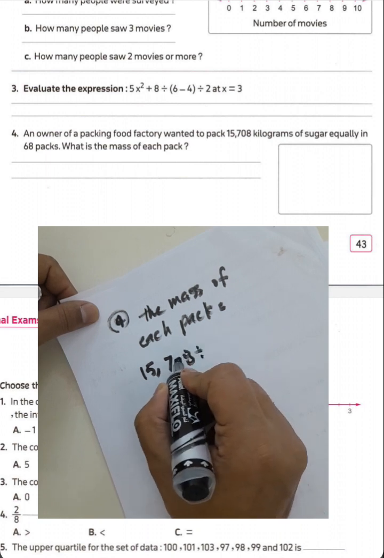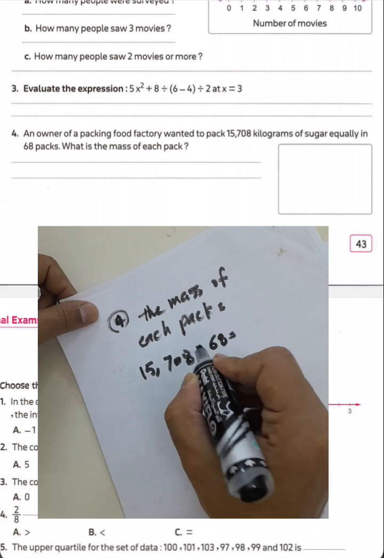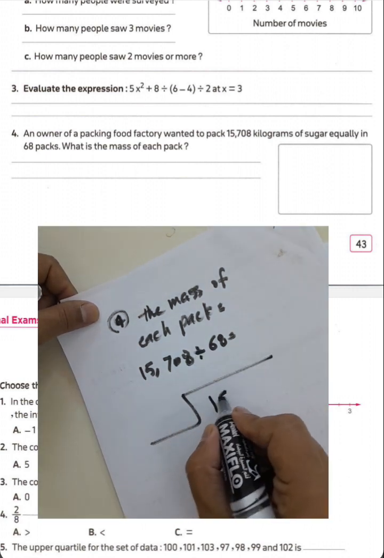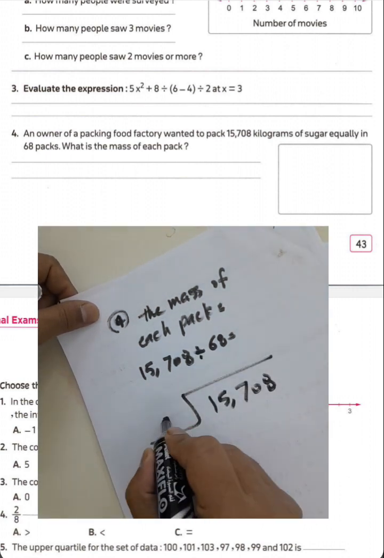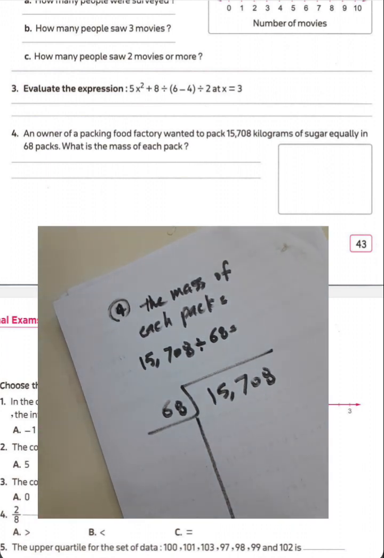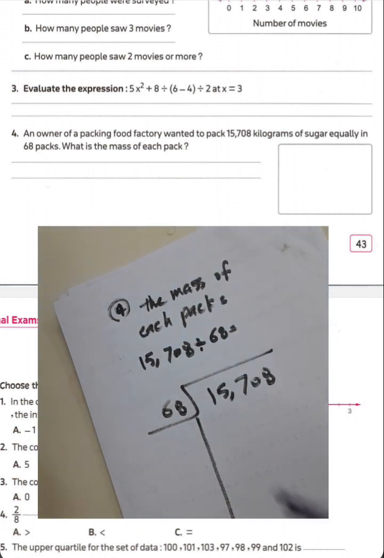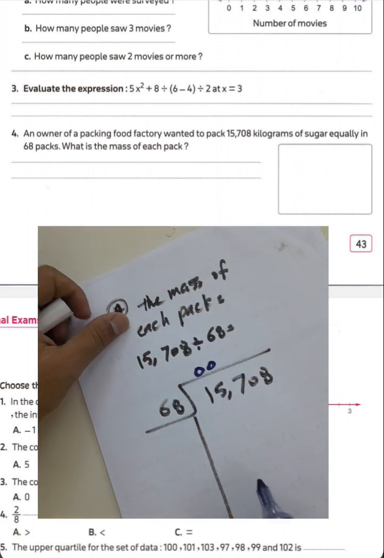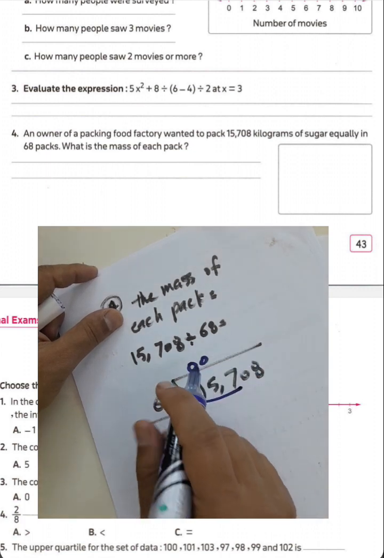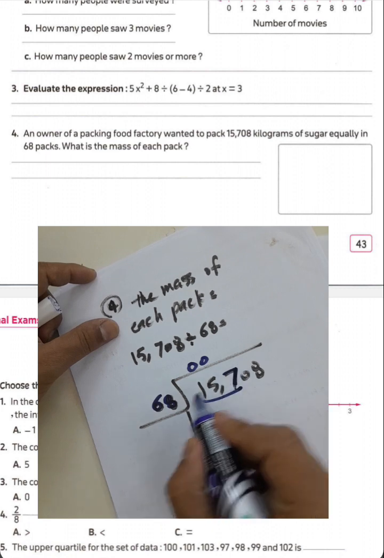15,708 divided by 68. Long division, write 15,708 divided by 68. We know 15 divided by 68, we can't do it, so we must put 0 outside here, and write 0 again. The result will be, because 15 is less than 68, then 157 divided by 68.